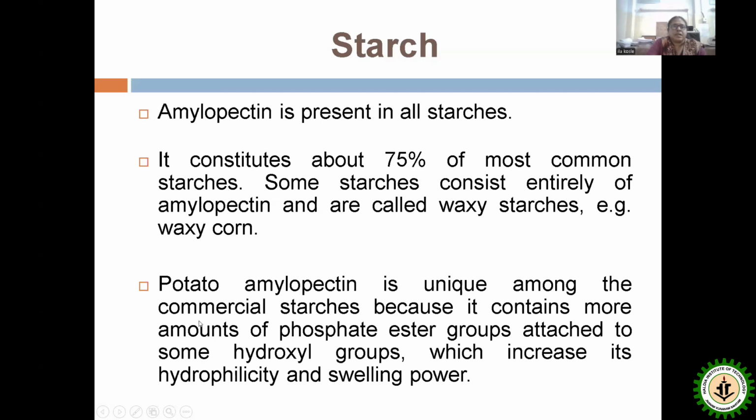Among all starches, potato amylopectin is unique because it contains more phosphate ester groups, and these phosphate ester groups are attached to the hydroxyl groups of the starch molecule. Due to the presence of these phosphate ester groups, there is an increase in hydrophilicity and the water combining or water swelling power of the starch.